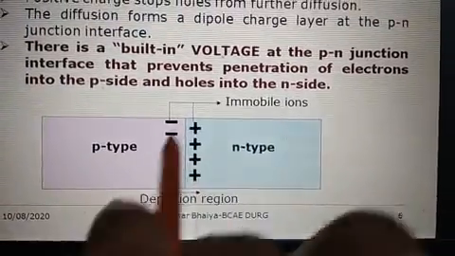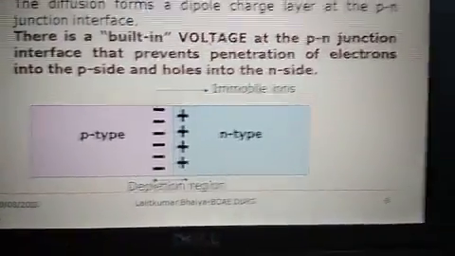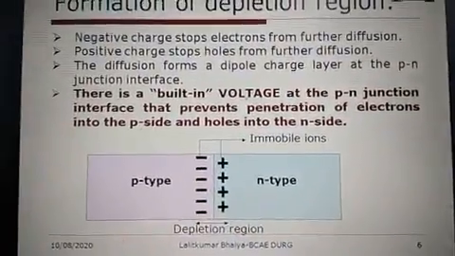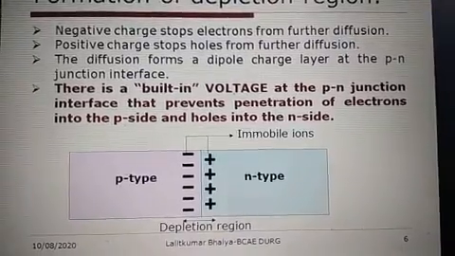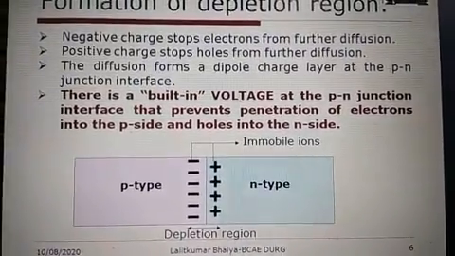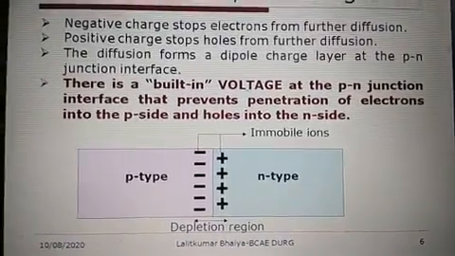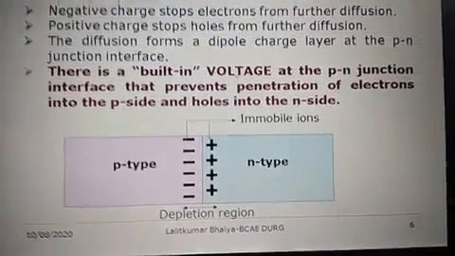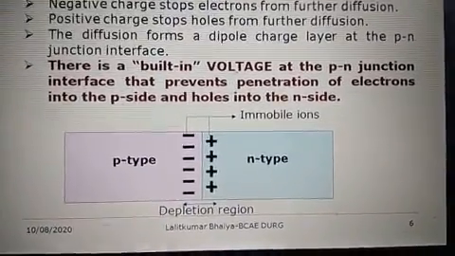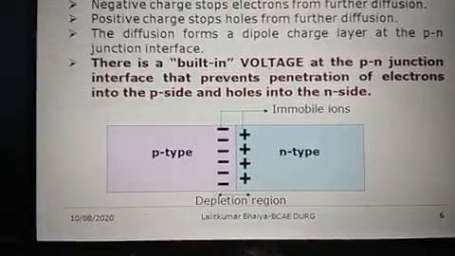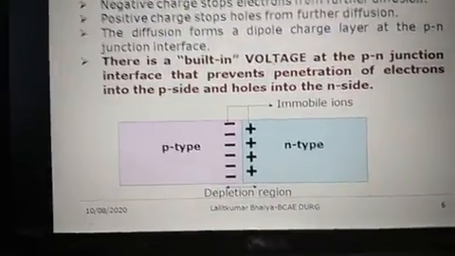So this depletion layer is important while studying this diode. The junction depletion layer has negatively charged fixed, immobile ions on the p side, and a fixed layer of positive charges at the n side. This forms the depletion layer.